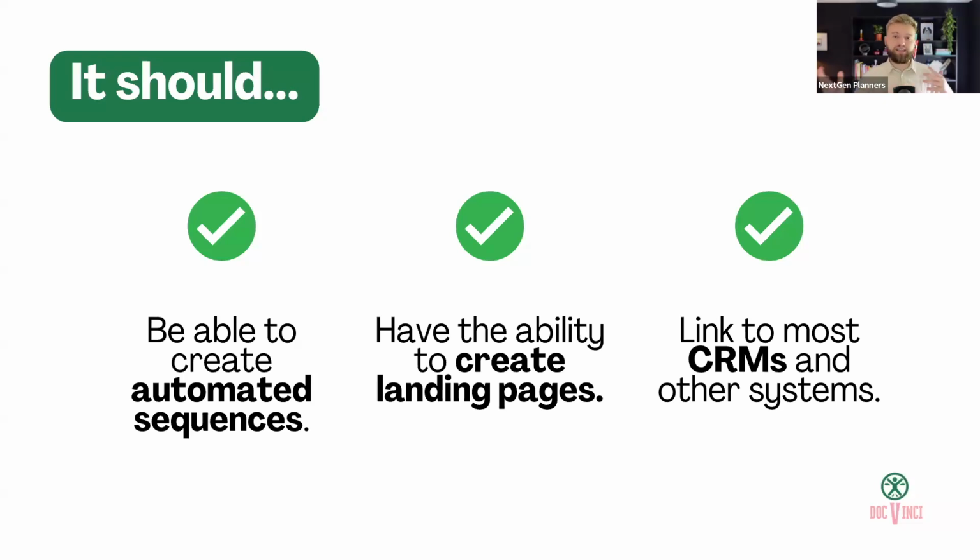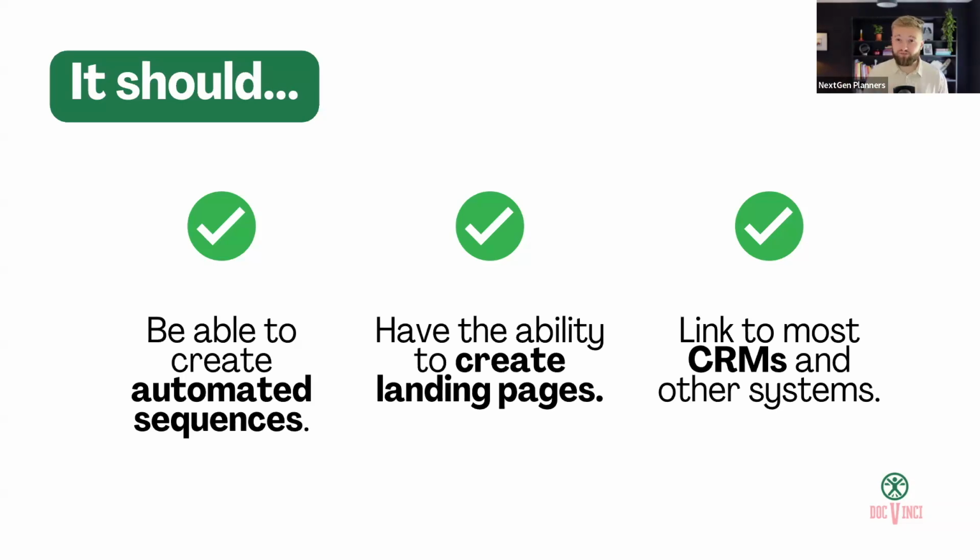You can add it to your website, you can put it on social media, you can send it wherever, you can put it in a QR code, wherever you want, but just make sure that it has that ability. Because again, you don't want to be having to get people to sign up elsewhere and then putting them into your mailing list. That's never a good idea. Technology can do it for you nowadays. And the really good one, if you can, is that it links to most CRMs and other systems.